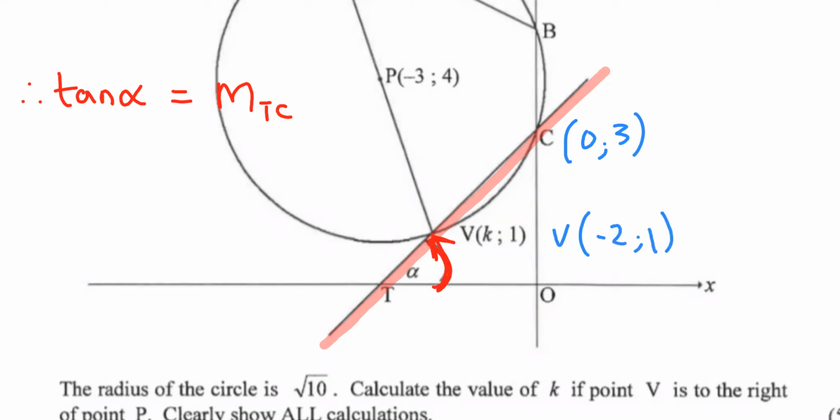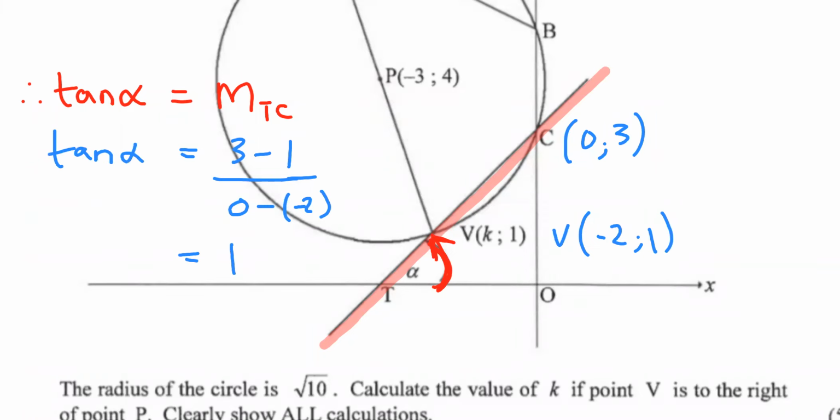So let's do the gradient. 3 minus 1 over 0 minus -2. So 3 minus 1 is 2. 0 minus -2 is also 2. That means that the gradient is 1.